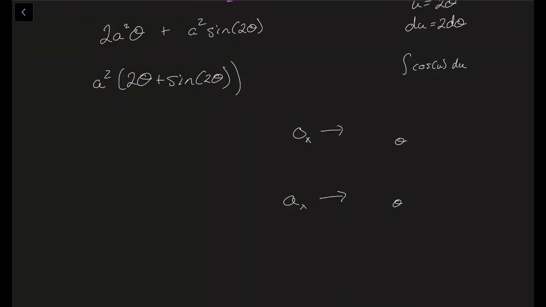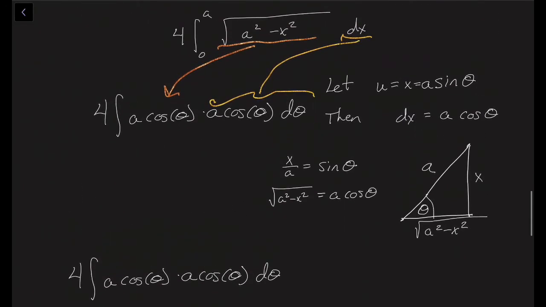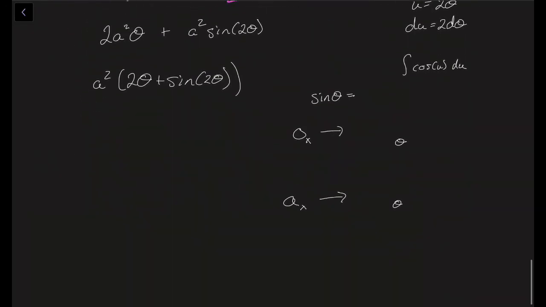So remember that sine of theta is equal to x over a. Okay, so 0 in the x world is going to be, well, that tells us that x is equal to a sine theta, or theta is equal to arc sine of x over a.